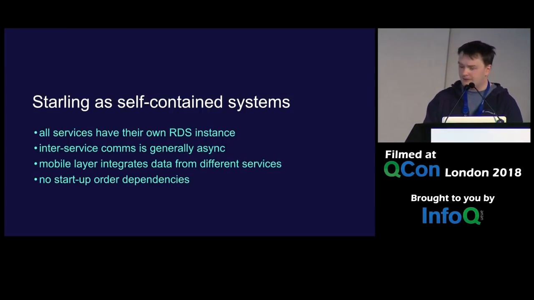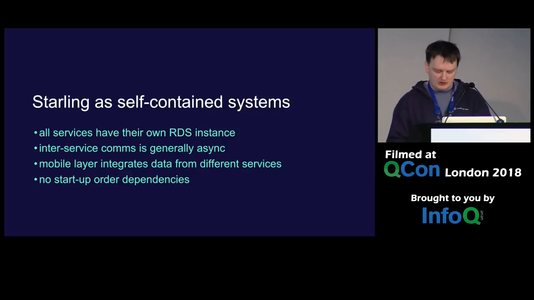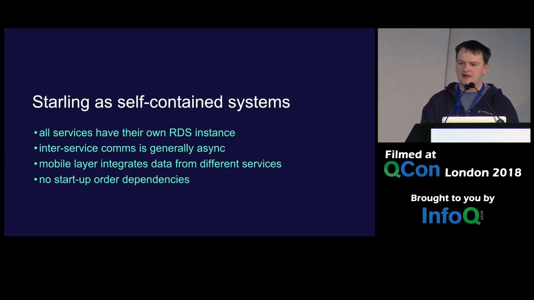So, as I said, we have each service deployed as an instance, or more likely multiple instances on the cloud. Each one has their own RDS instance, so they have their own database, which isn't interacted with by any of the other services.